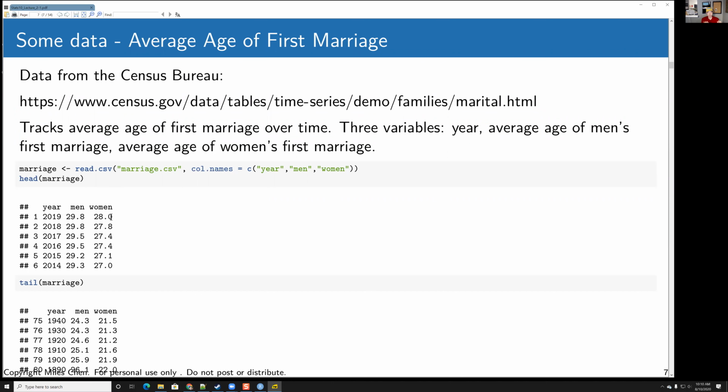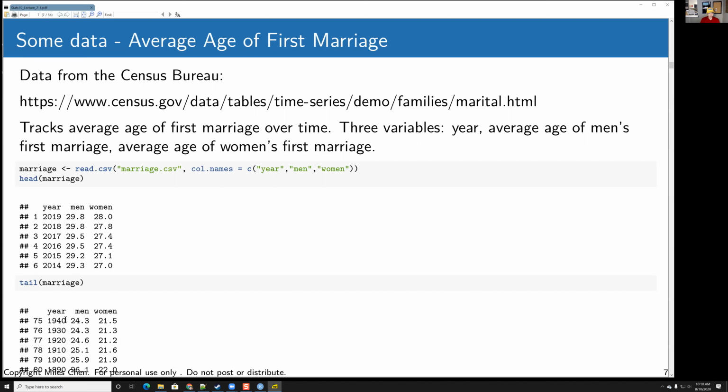This is just the average of all men and the average of all women, and it's not necessarily that they're married to each other. Obviously it's a mean, so there are people whose first marriage is older, and people whose first marriage is younger.